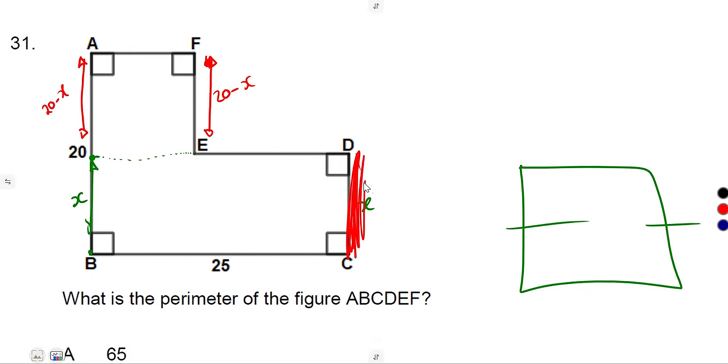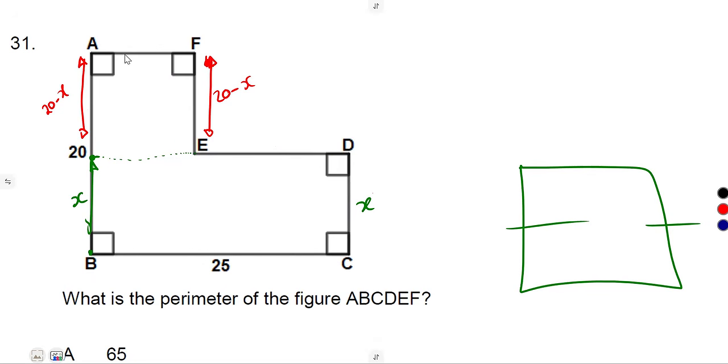The X concept that we are seeing on DC, it is 20 minus DC, or you can just say X. Same concept happens on this part here.